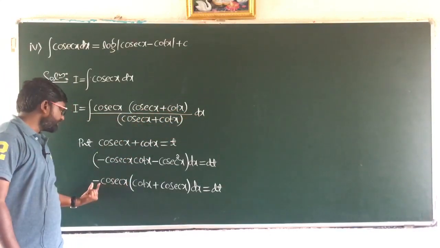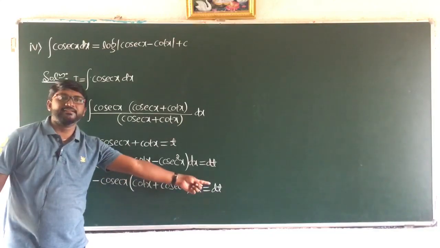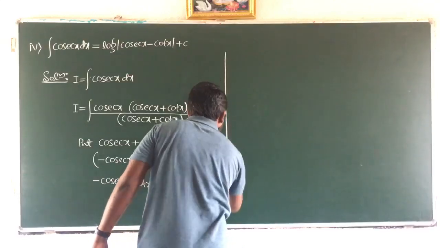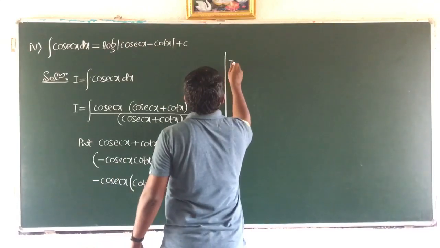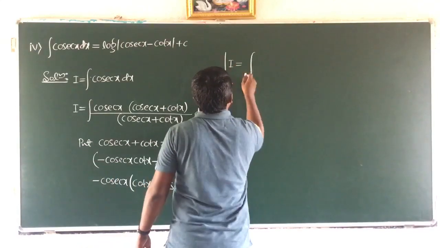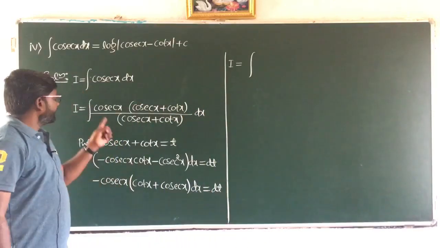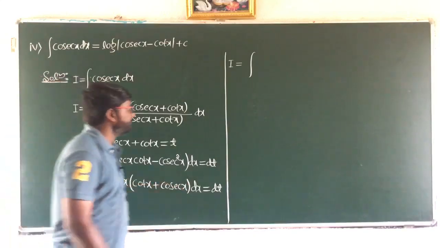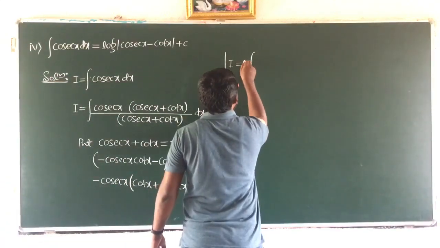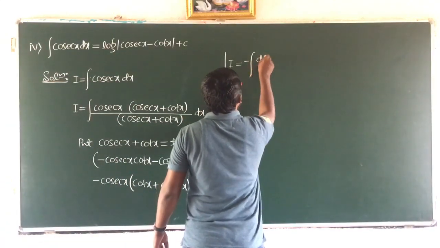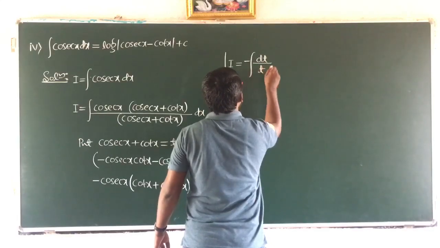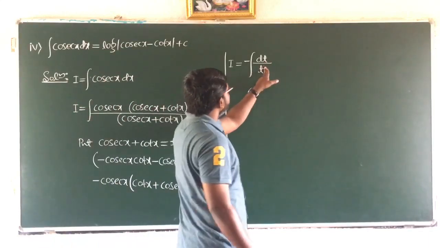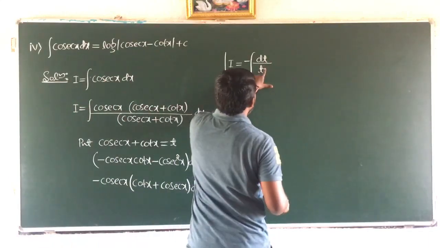That means take this minus sign to the RHS, it becomes minus dt. So we have to rewrite the integral. I is equal to the integral where the numerator is minus dt. I take the minus outside, so dt divided by t, where this is t now. So it is the integral of dt by t, that will be log mod t.